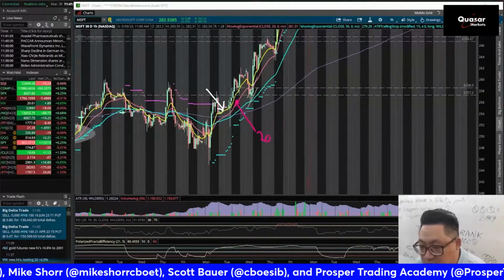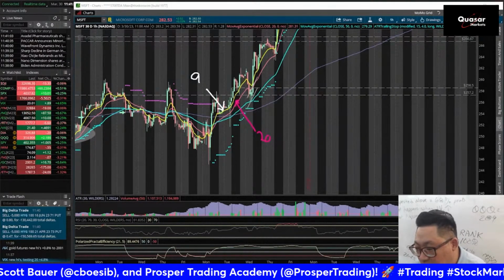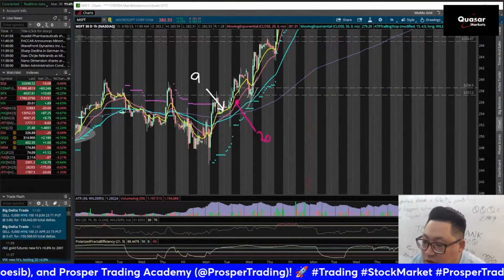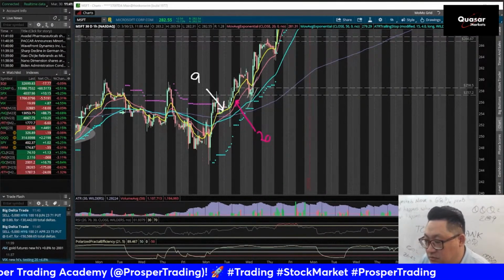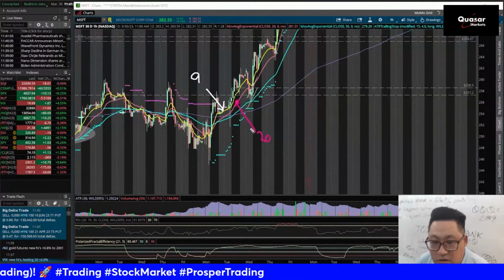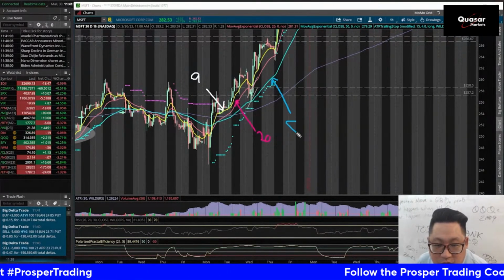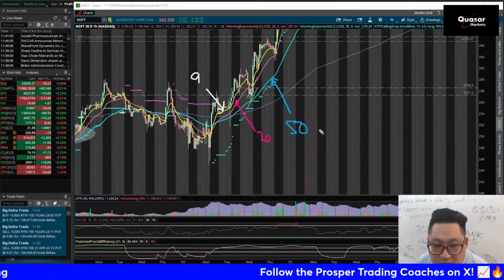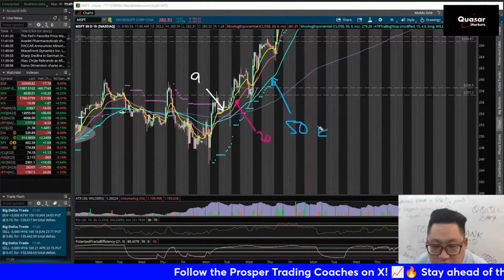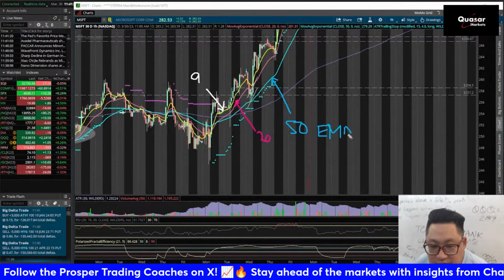And I'll make this 9 right here. And then the next one, folks, will be the blue, the teal, or the light blue, teal blue. And that will be right here. That will be the 50 EMA. As you can see, these are all the same indicators, just on different time frames.